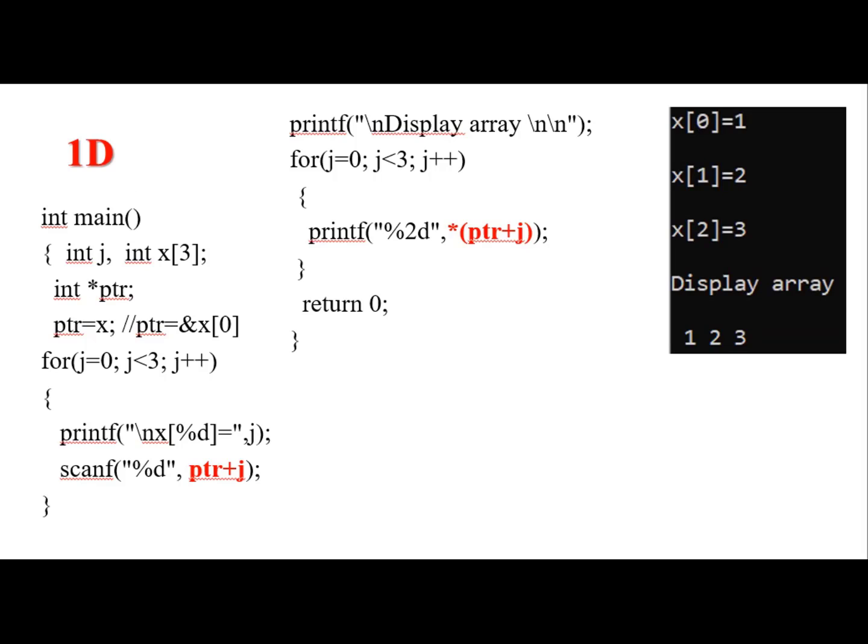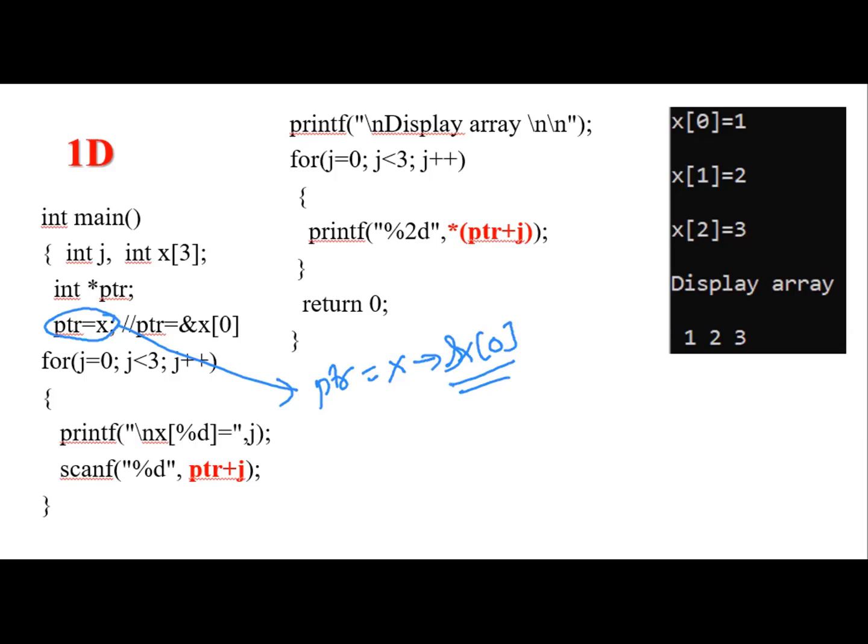So we defined a pointer variable, then we assign the value, ptr is equal to x. When we write it like this, ptr is equal to x, this indicates it points to x of 0, right. %d of it is equivalent of writing %d of x of 0.